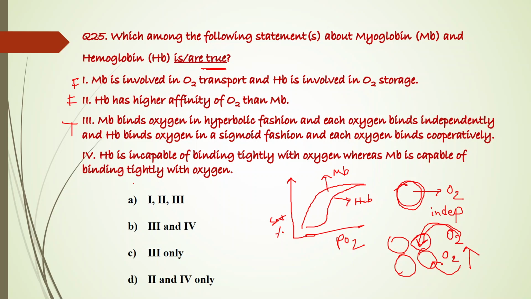It has to bind tightly, but whenever it reaches the muscles under certain conditions, it will release. It does not mean that it is incapable of binding tightly with oxygen. Then in that case, it would no longer be of any use for transport. So again, the fourth option is false as well.